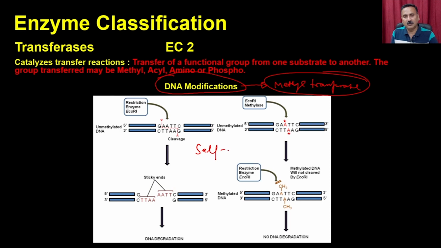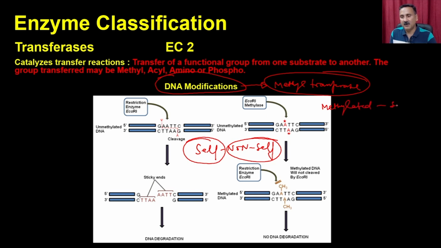You know that methylated DNA is considered self DNA, whereas non-methylated DNA is called non-self DNA, which means this non-methylated DNA is going to be degraded by the restriction enzyme systems.